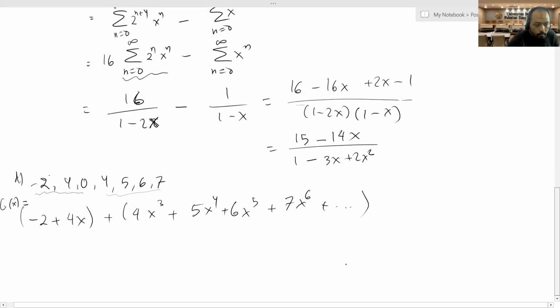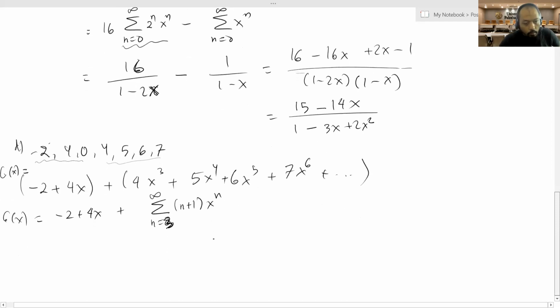Now g(x) then becomes minus 2 plus 4x plus the sum of n from 3 to infinity of (n plus 1) x to the power of n.